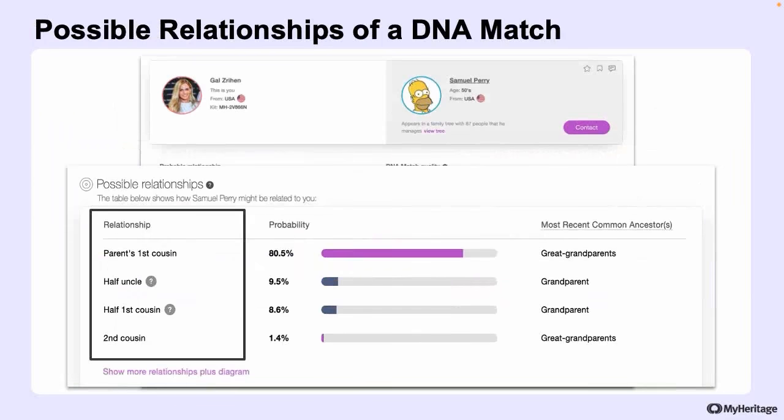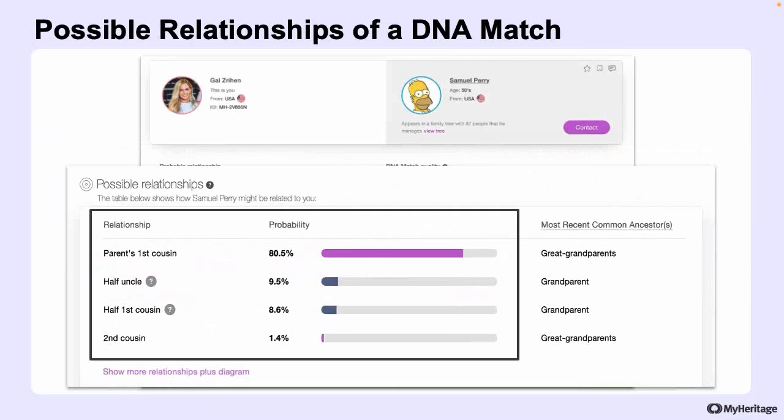This is the table, and it shows the same as you saw earlier in the pop-up, each possible relationship: a parent's first cousin, half uncle, half first cousin, and second cousin. And I can see the probability of how likely Samuel is my parent's first cousin, or how likely Samuel is my half uncle.